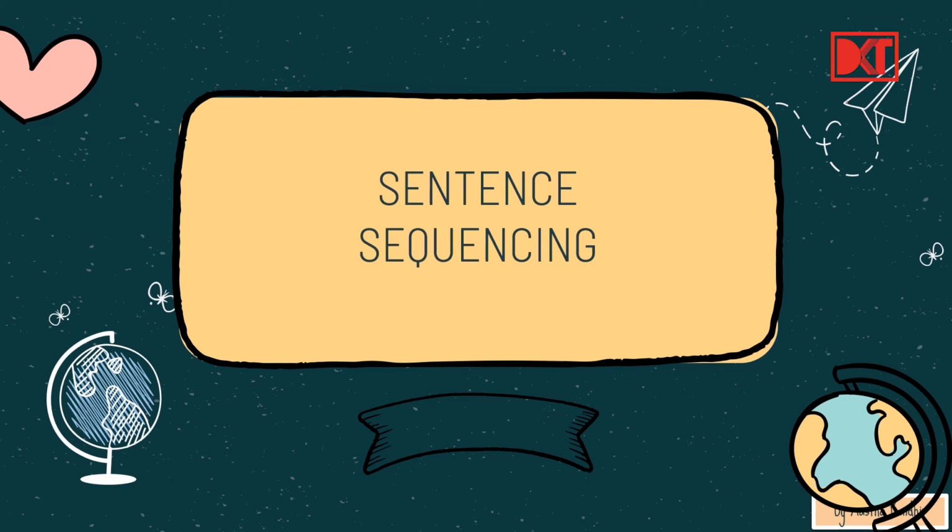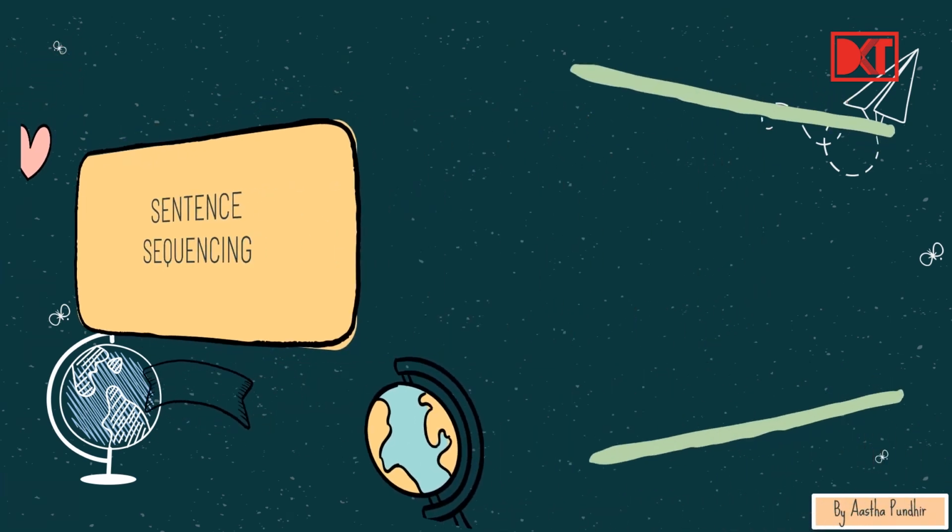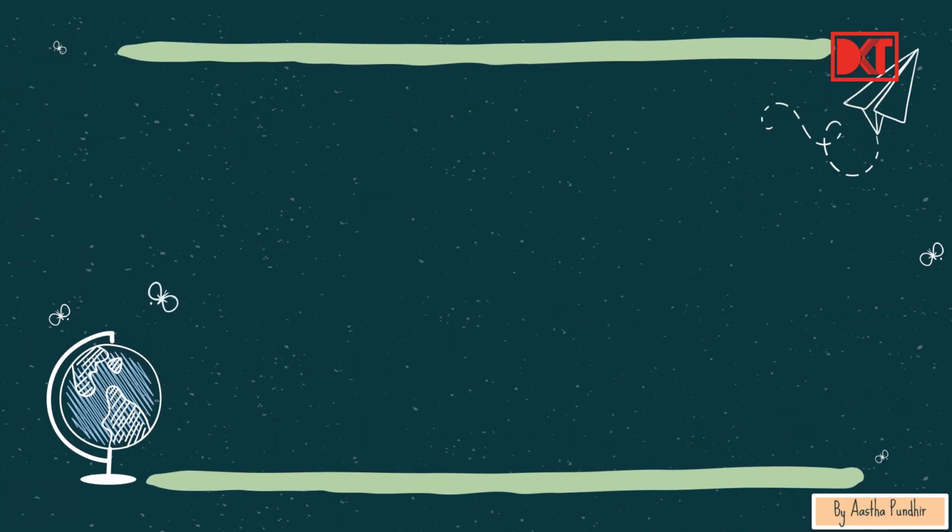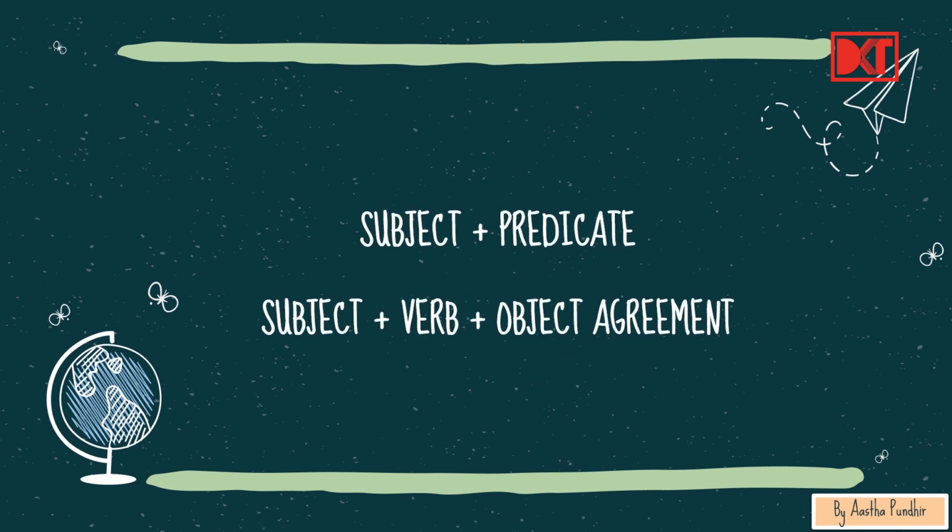Okay, now we have our second topic, which was sentence sequencing. What you have to do in sentence sequencing is, you will be given different parts of a sentence, like the subject in one, the verb in one, or the object in one, and they will all be jumbled up.